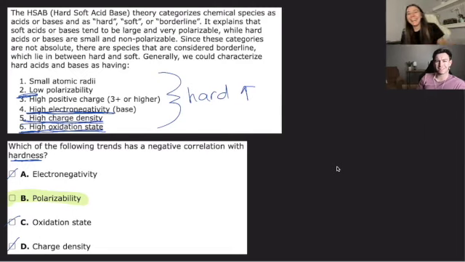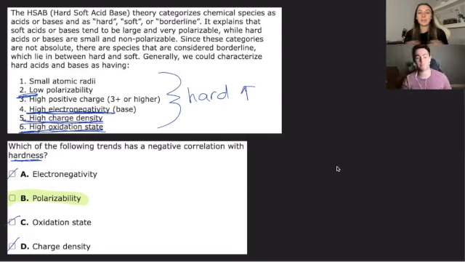Shameless plug. But that's why we say strategies are so important. As long as you have the baseline and high yield content down, if you can apply it, simplify the question stem, flow chart your passages, and interpret your figures, you're going to see extreme improvements in your score.